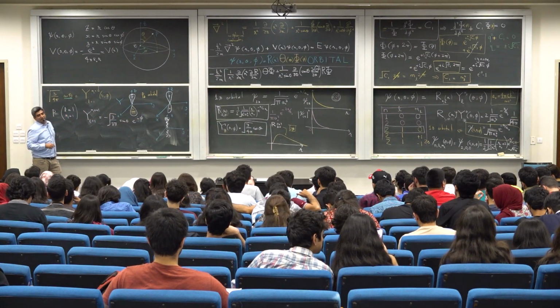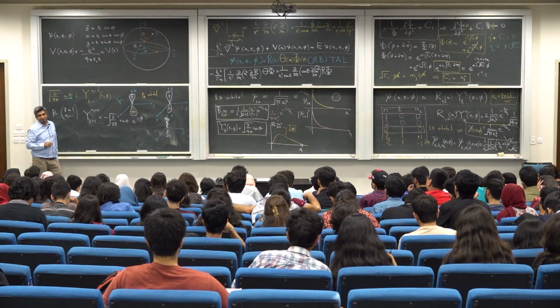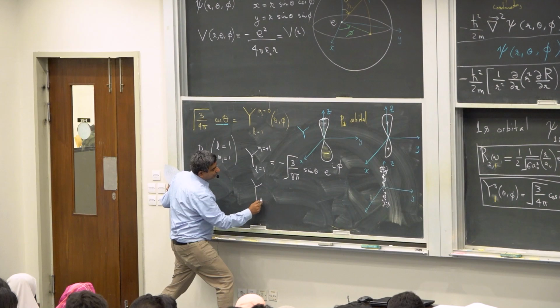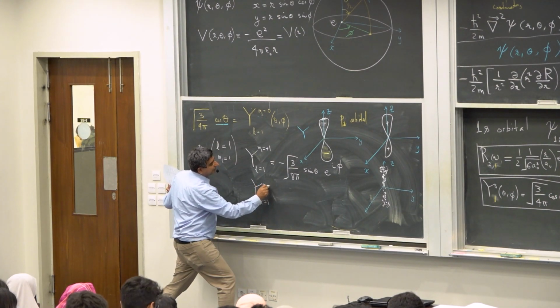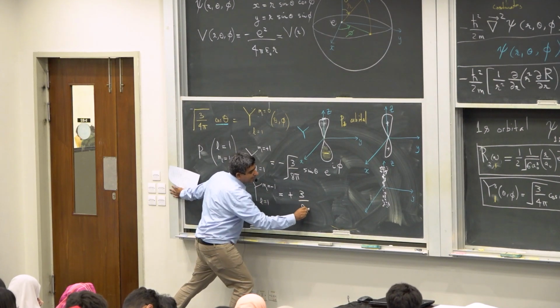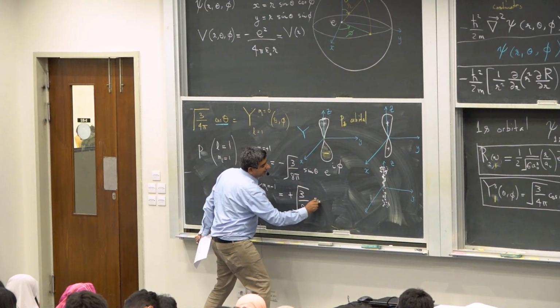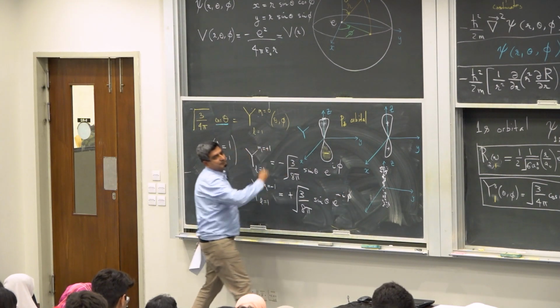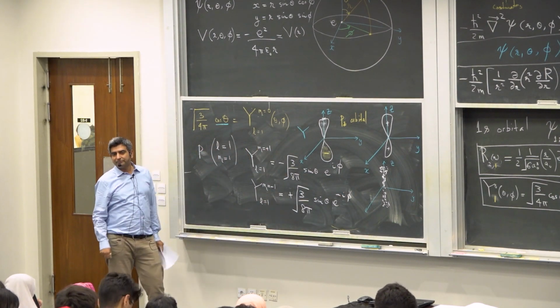Now this is a complex wave function. I can't plot it. If I were to take L equals 1, ml equals minus 1, this would become plus 3 over 8 pi sine theta e to the minus i phi. I can't plot it.